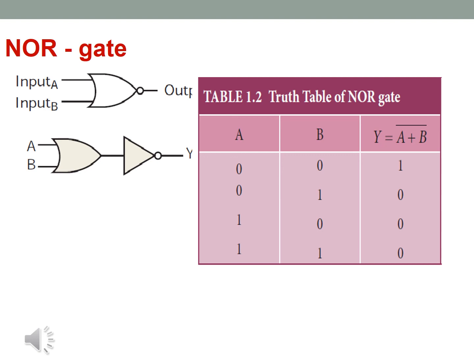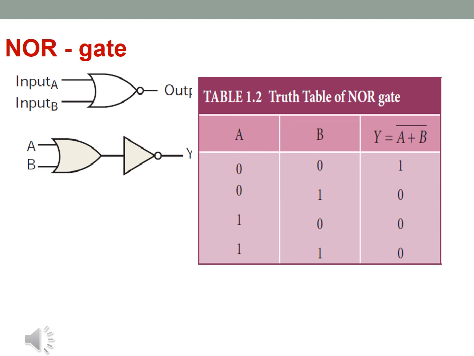In opposite logic levels, the output of the gate is low. When the inputs are identical, both low or both high.